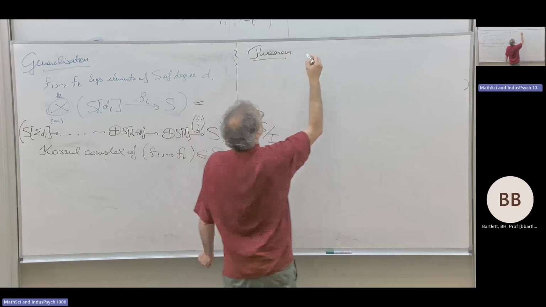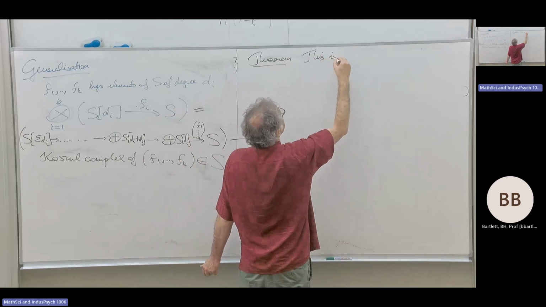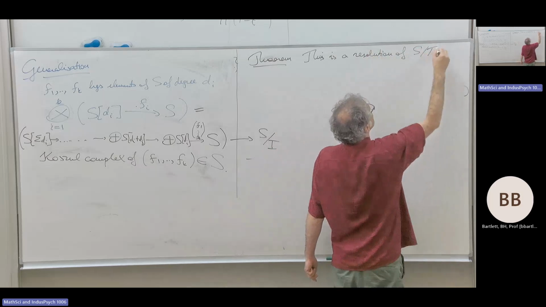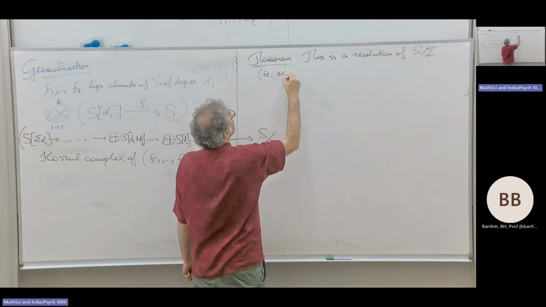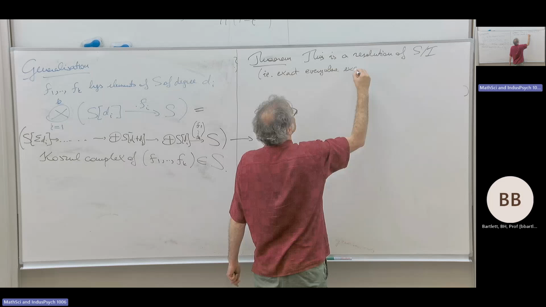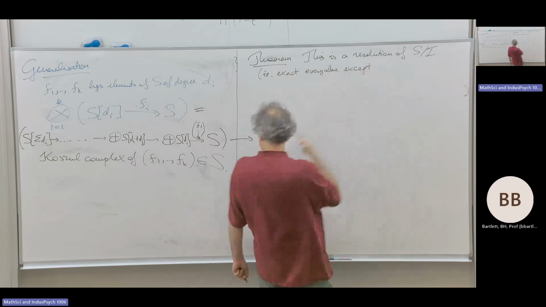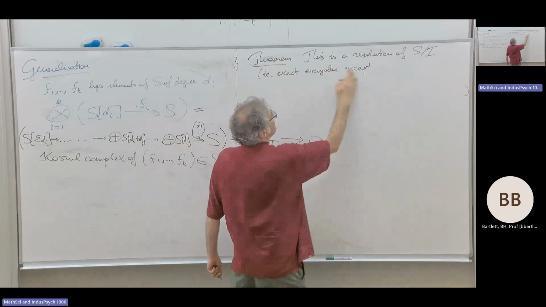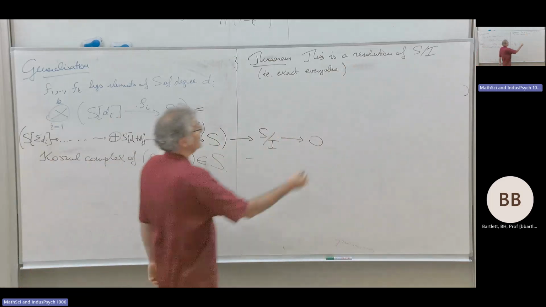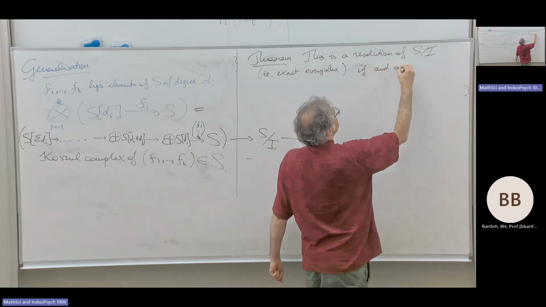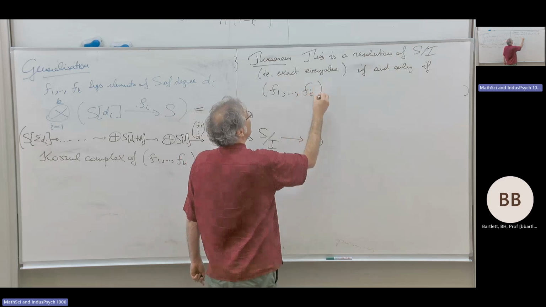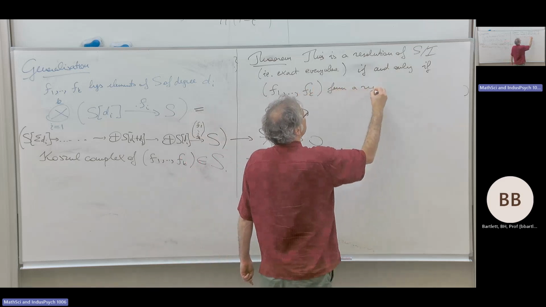The theorem says that this is a resolution of S mod I, so exact everywhere, well, exact everywhere if I write it like this, so exact in all places before, if and only if these elements f1 up to fk form a regular sequence.